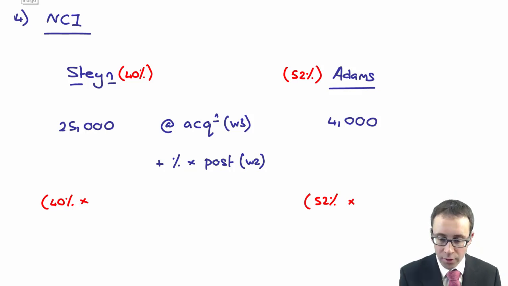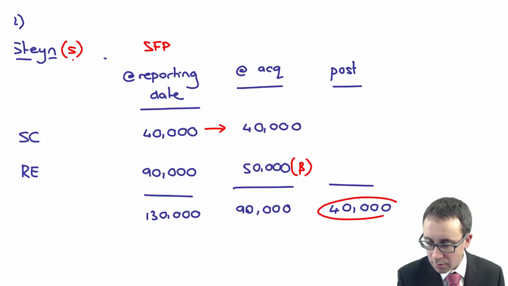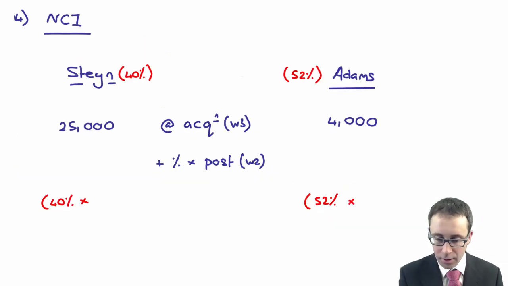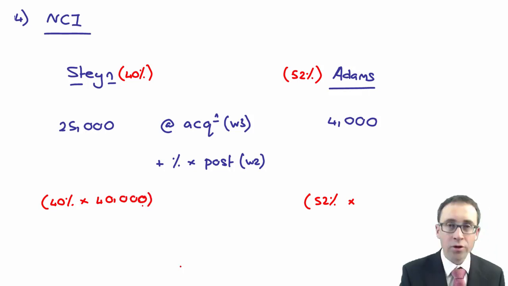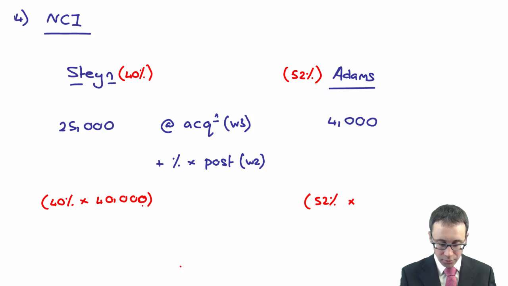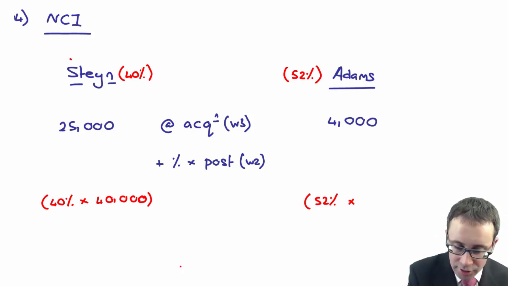So what have we got? If we look at Stain first, post-acquisition profits are 40. So that's 40% of 40,000. So 0.4 times 40. Yep, 16. I know I can hear you shouting at me, Chris, it's 16.